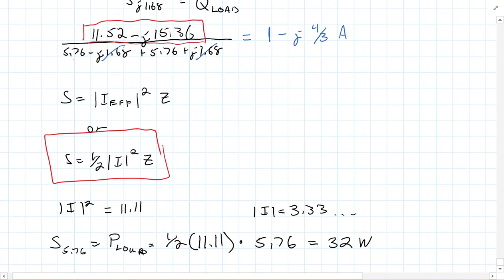Which, going through here, what that means is we'd wind up with the magnitude of I being, sorry, can't use my calculator right here, 1.66 repeating, which means this number is now 2.77 repeating. So 2.77 repeating.